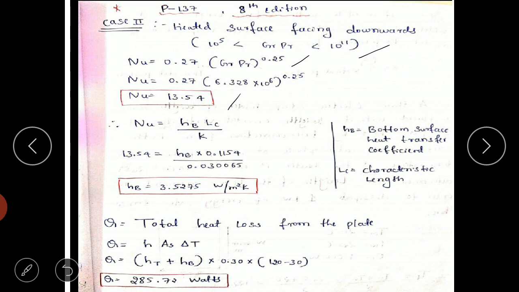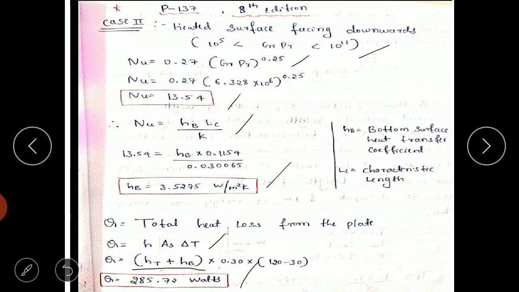Similarly, as in the previous case, we can calculate Nu equal to hB Lc by k, hB indicating the bottom surface heat transfer coefficient, so that is the value. Together, the bottom surface heated heat transfer coefficient and the top surface heated heat transfer coefficient, we have this formula and we can calculate hT plus hB, then we get the value of Q. So this is the case when things are not clear in the problem, whether upper surface or bottom surface is heated.